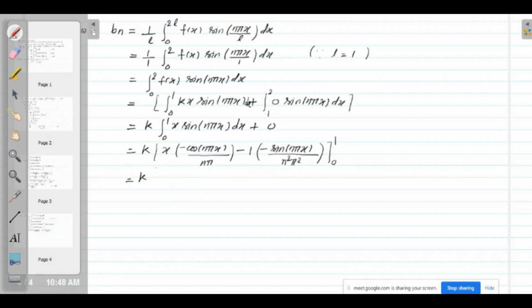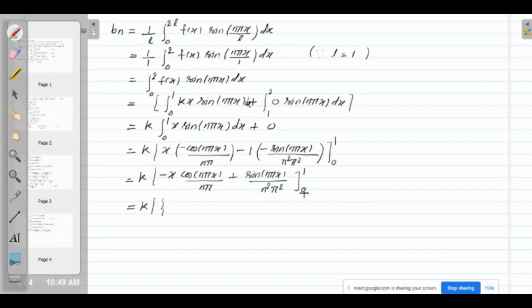So this is k, and we write here into minus x cos n pi x by n pi, and minus minus goes here, plus sine n pi x by n squared pi squared, providing limit 0 to 1. Just apply the limit inside the bracket, so you have k.